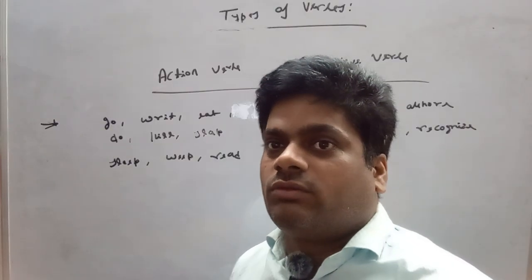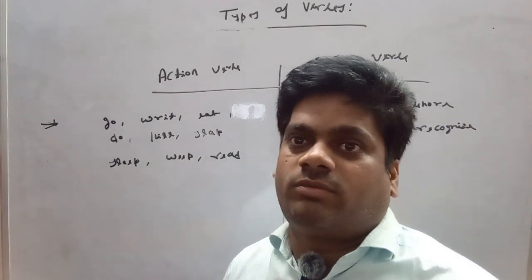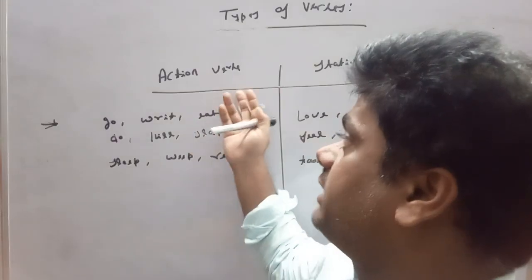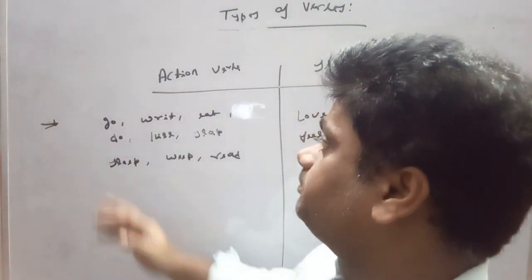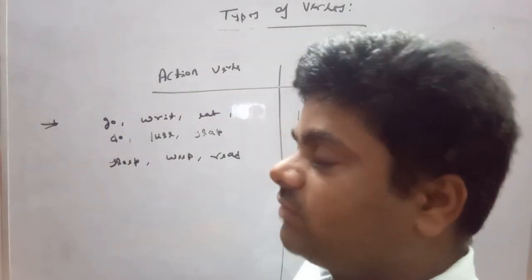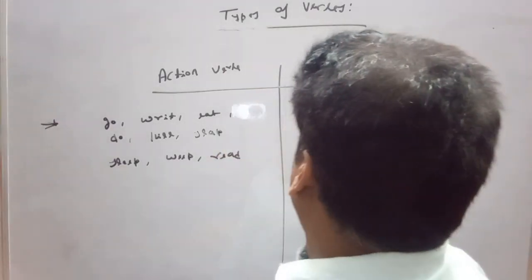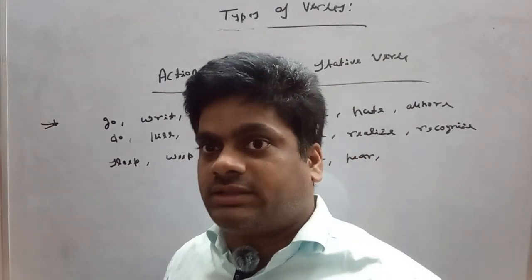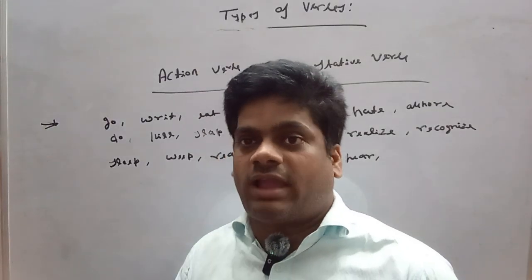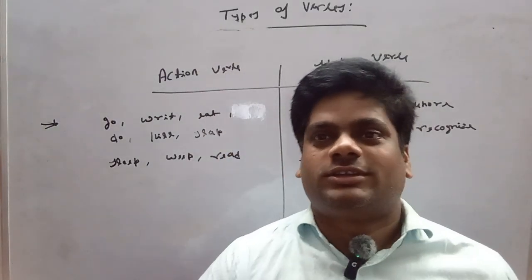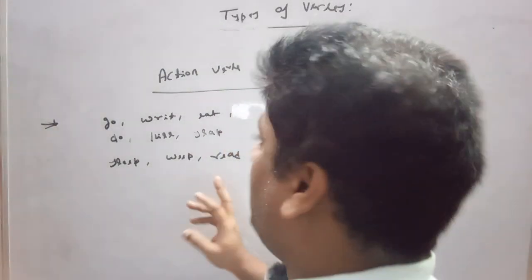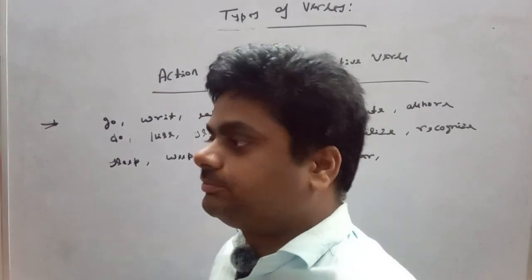We use only first form, second form, or third form of the verb. But in case of action verb, we may use the ing form of a verb. Please remember, in case of stative verb, we do not use the ing form of the verb, but in case of action verb, we may use the ing form of a verb in a sentence.